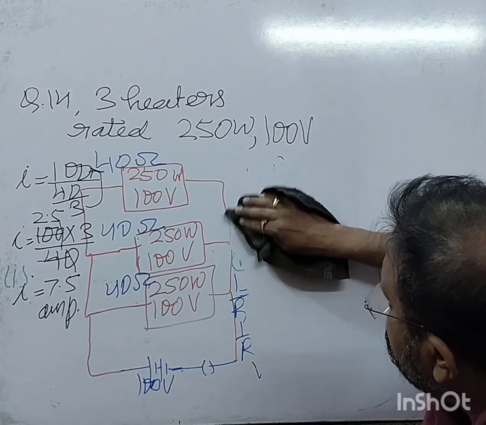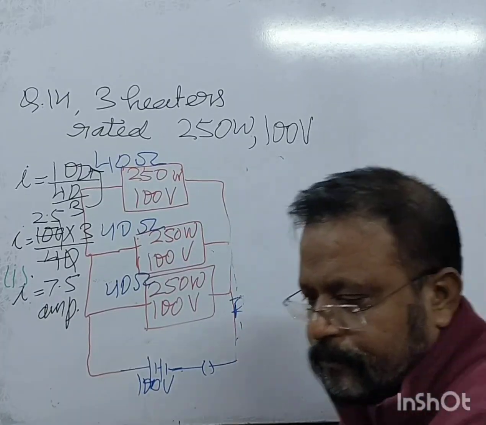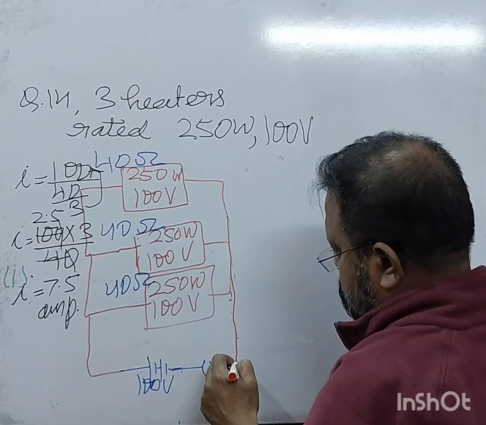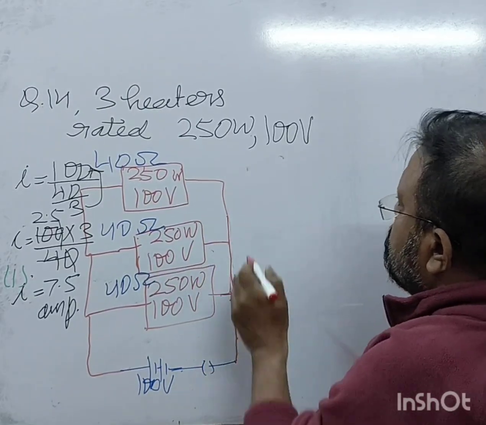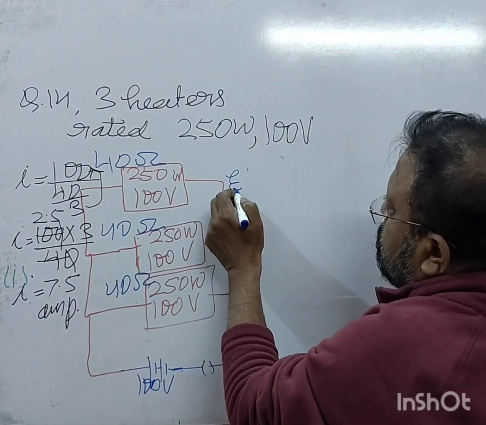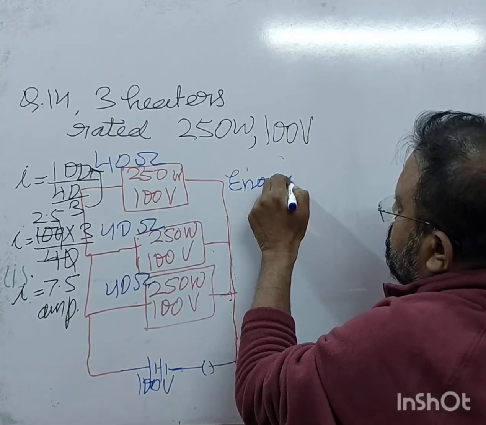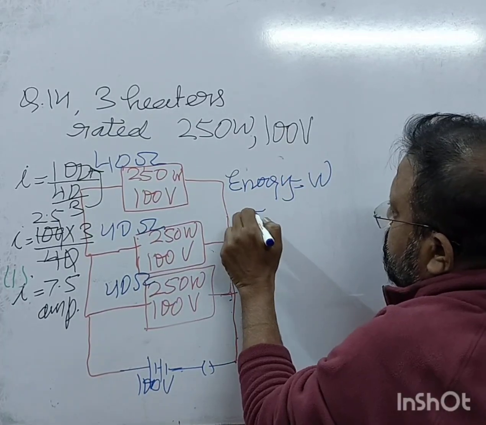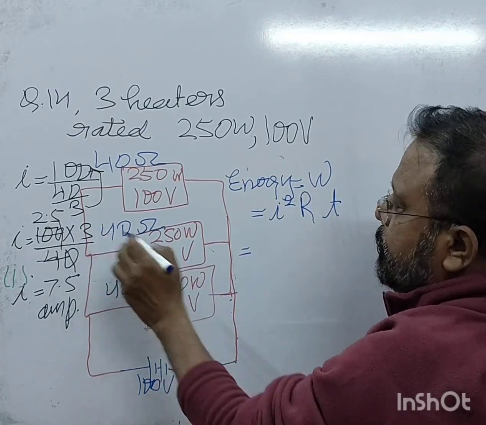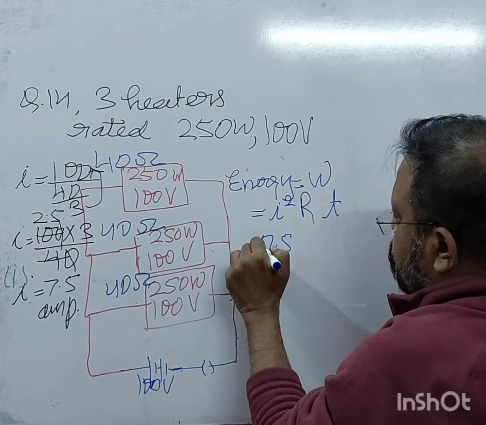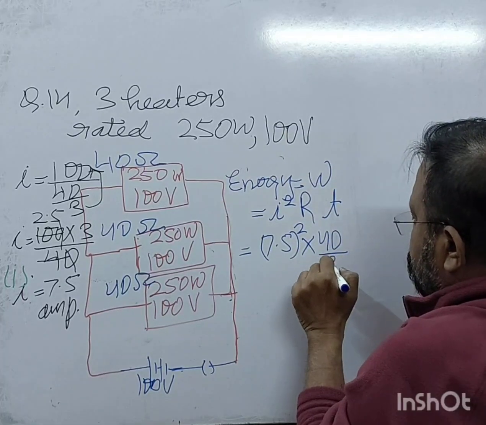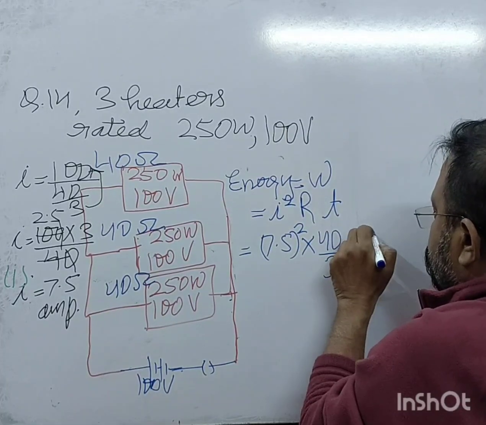So energy, that is W, is equal to I square R T. I is 7.5, whole square, into R which is 40 upon 3, into time which is 5 hours.